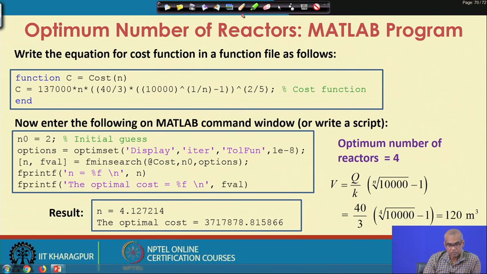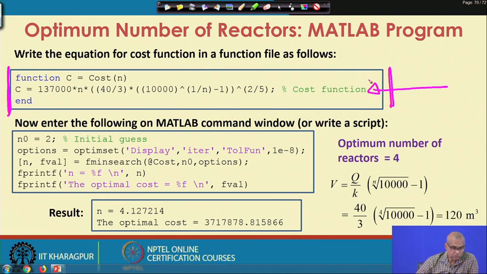So, first thing, you write the equation for the cost function in a function file as shown here. So, I define a function called cost, function c equal to cost of n, and there I am writing the expression for the cost, which is a function of n, and n is the decision variable, that means the number of CSTR units which are connected in series, optimum number of CSTRs.